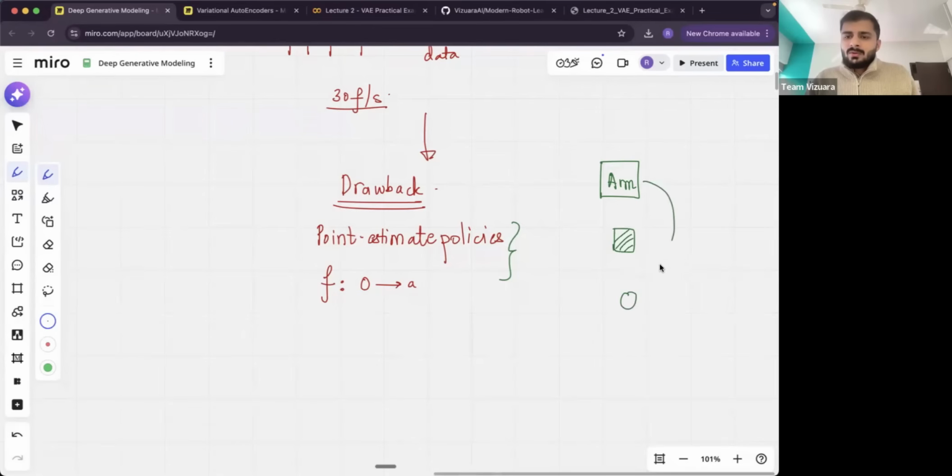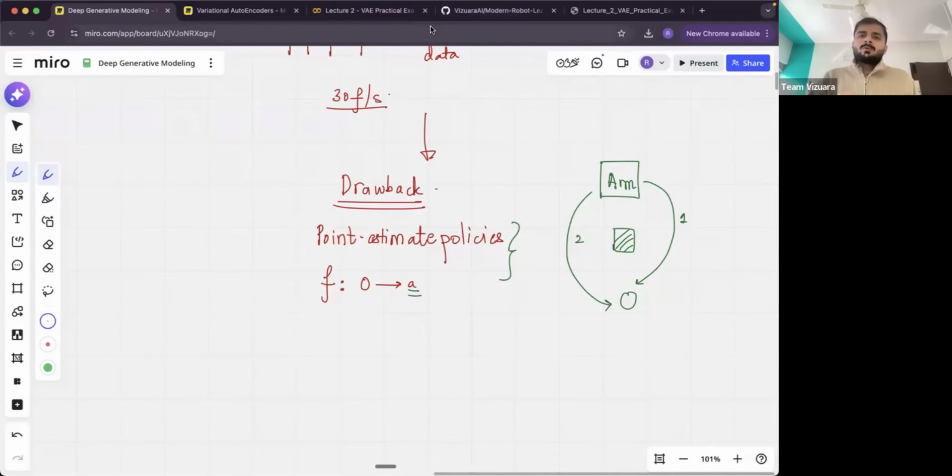So you can either go from the right to pick the object, or you can go from the left side to pick the object. So there are two modes. There is mode 1 and there is mode 2. But a point estimate policy is only going to favor one single action for each observation. So it doesn't really understand that there are two possible ways of completing the task.